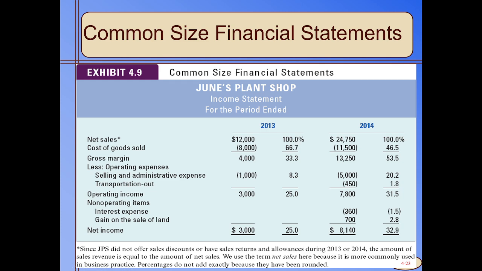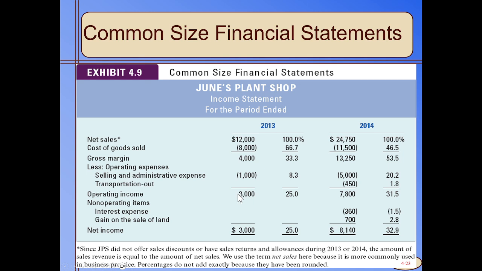So assume between 2013 and 2014, June decided to relocate her plant shop in an upscale shopping center. The rent is higher, but she believes she will attract more customers who are willing to pay more for her plants.